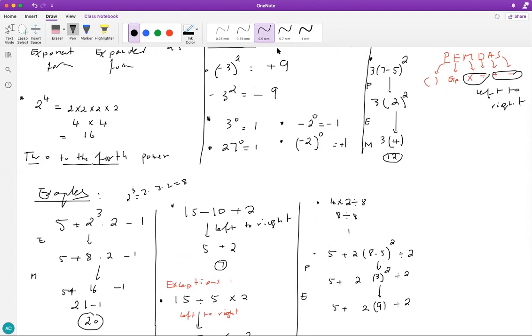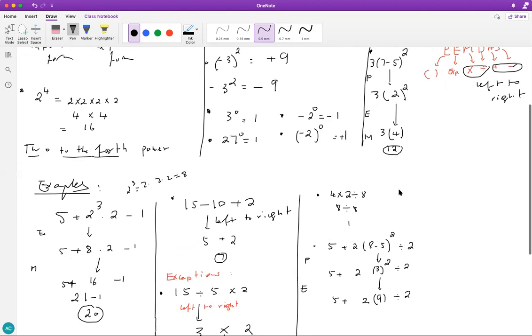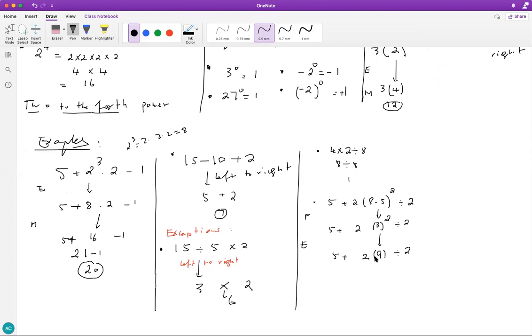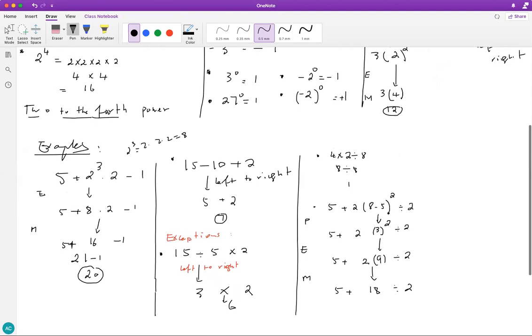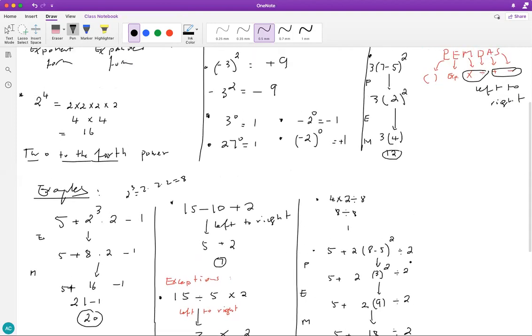And the multiplication here is 2 times 9. That's right. That's 18. So we can evaluate that, and we're going to put 18 here. Again, the rest of the expression should remain the same for now. So here we did the multiplication. Now we're down to 2 operations, addition and division. Which one comes first? Division is here.